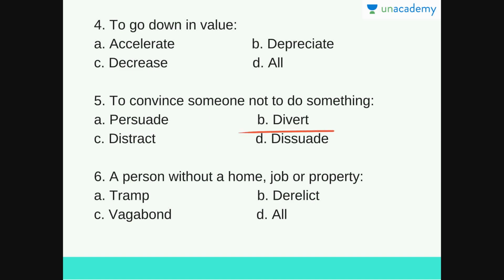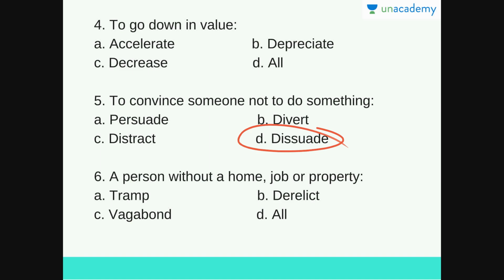Divert is when you have to change your course, or you have to change your direction, you have to go from one direction to another, so that's divert, for diversion. And distract means you're distracted, you have different thoughts, or what your main purpose is, you lose focus of that, so that's distract. So answer to this question is D, dissuade.